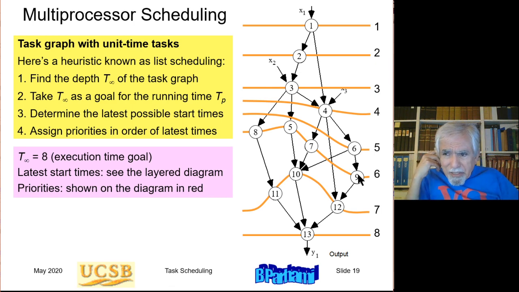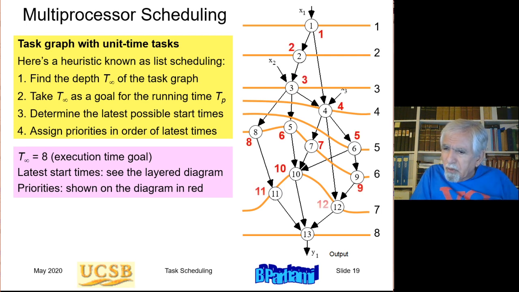So I need a secondary criterion to break the tie and say, okay, which one is higher priority than the other one? And there are various decision mechanisms used for that. Let's say that I basically use some arbitrary scheme and assign priorities as shown in the red numbers.